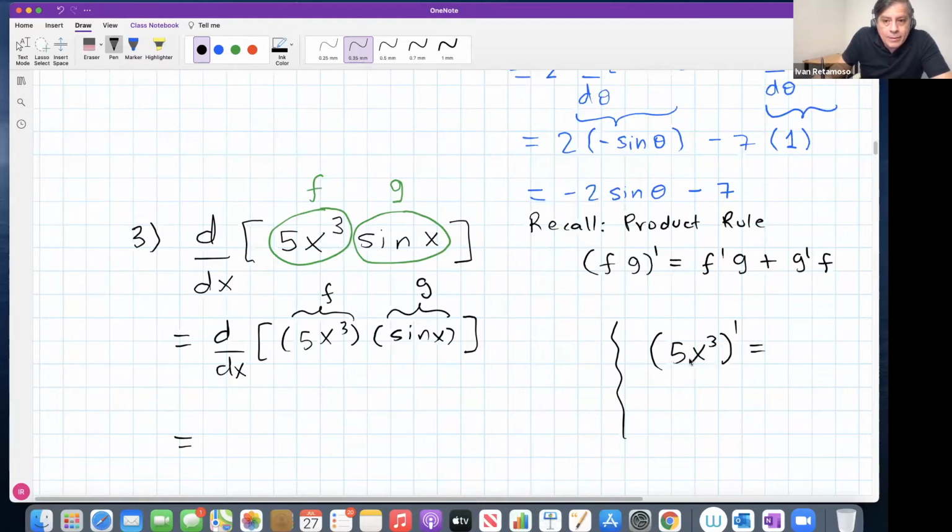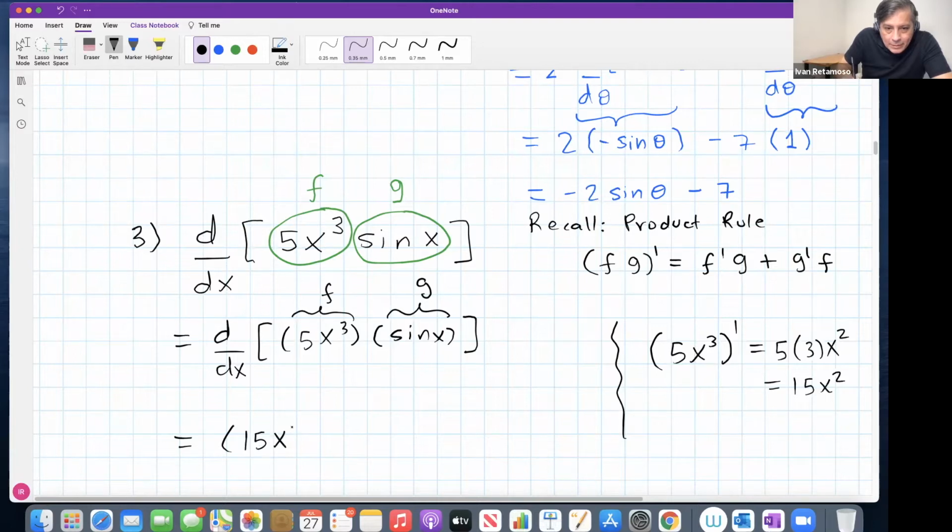It's going to help you a lot for what is coming. So the derivative of this is just this. 5 comes outside, and then the derivative of x cubed is 3 times x, with 1 less as the exponent, right? 3 minus 1 is 2. Well, 5 multiplied by 3 is 15, so 15x squared. This is the derivative of f, and that is what I will write first.